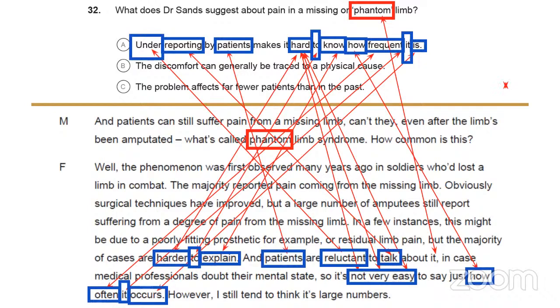It's very important for you to strike a parallel to each and every word which is given in the option.